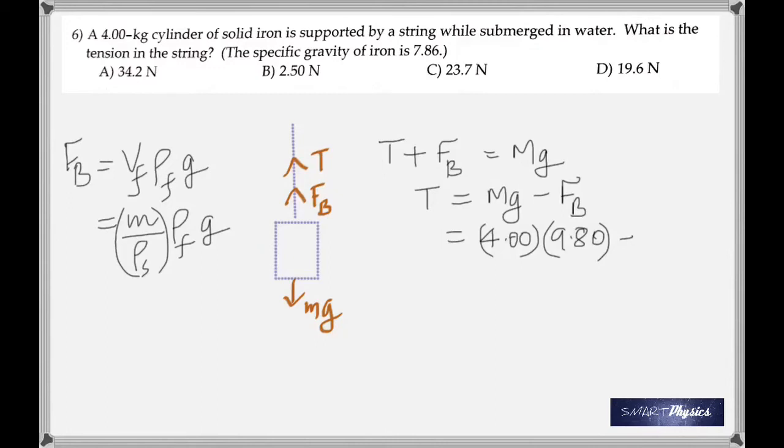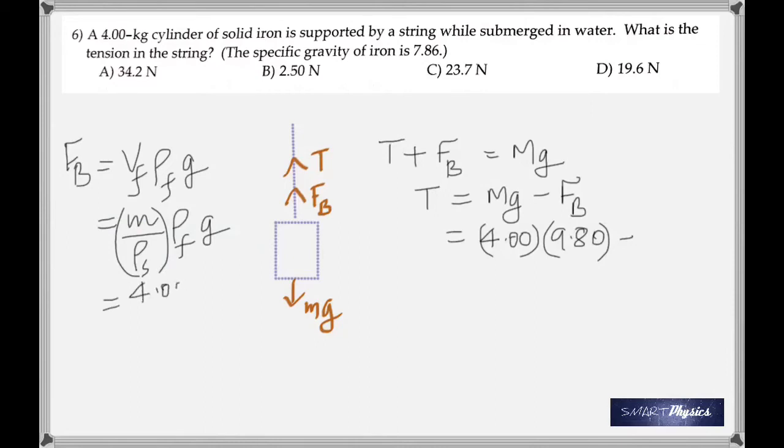Okay, and that is why to find the volume of the iron cylinder, just divided its mass by its density. That will give the volume of the iron or the solid, which is the same as the volume of water displaced.